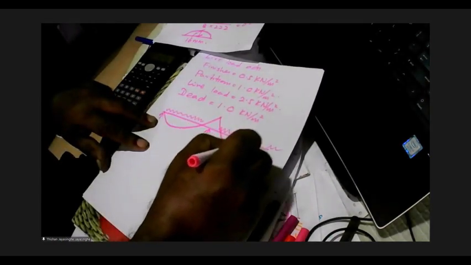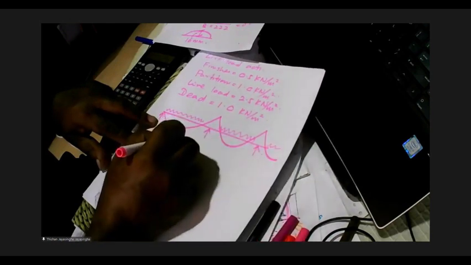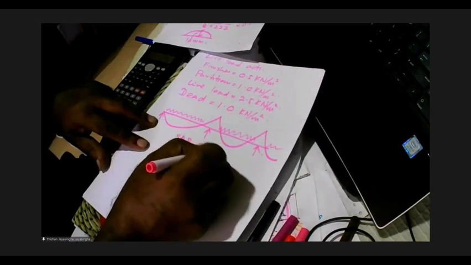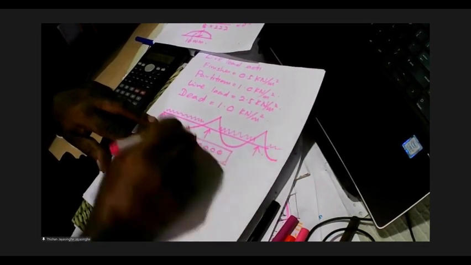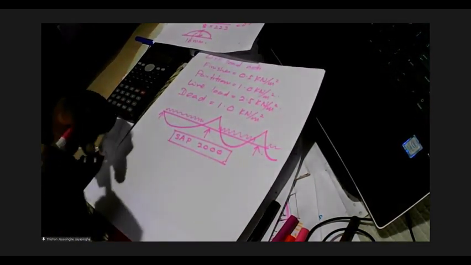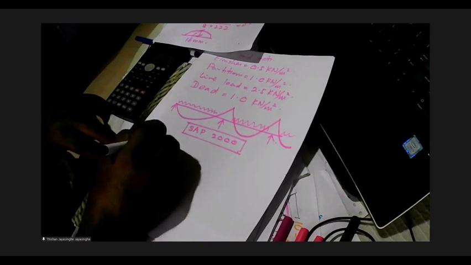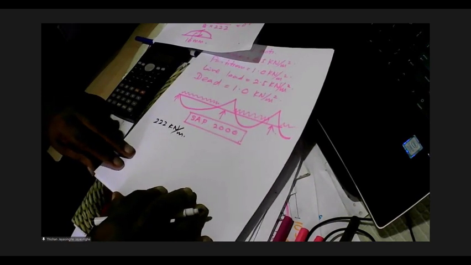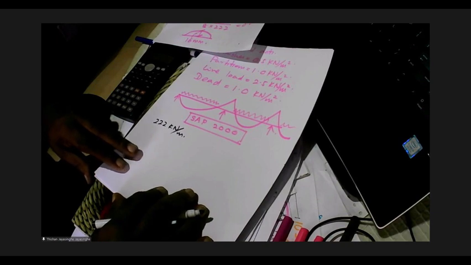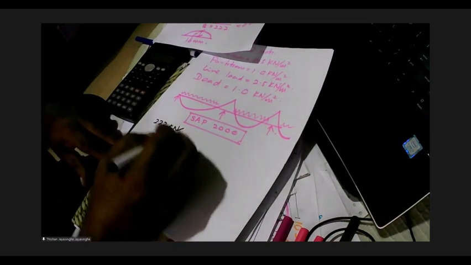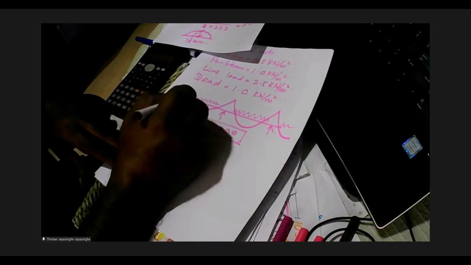What we have to do is use SAP 2000 and analyze it, get the bending moment diagram, and because we are applying 222 kilonewtons per meter pre-stress, we know the pre-stress, and we have a continuous bending moment diagram. We can find the bending moment here and bending moment there, so that is not a problem.